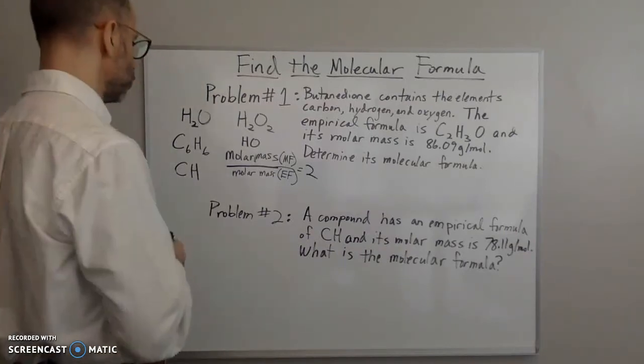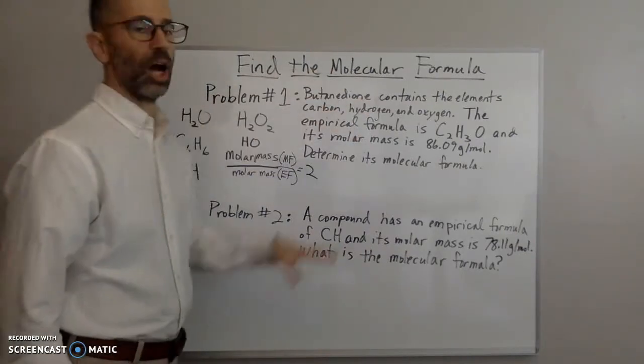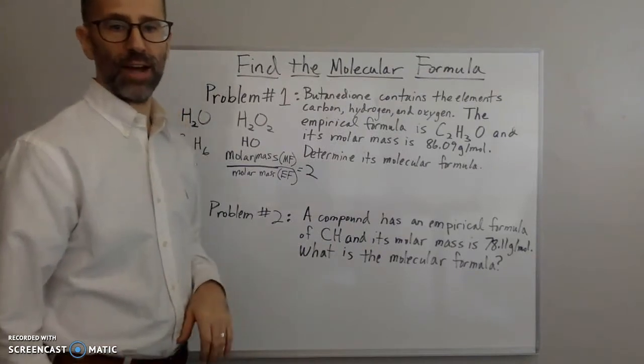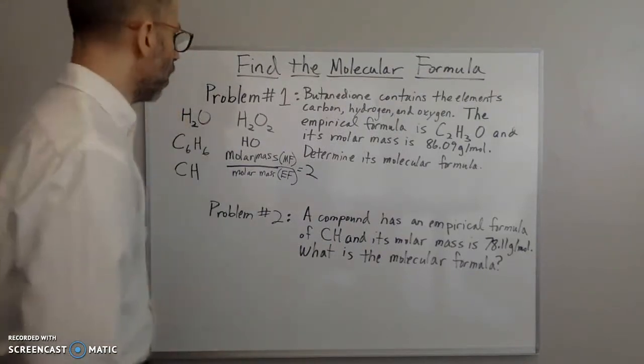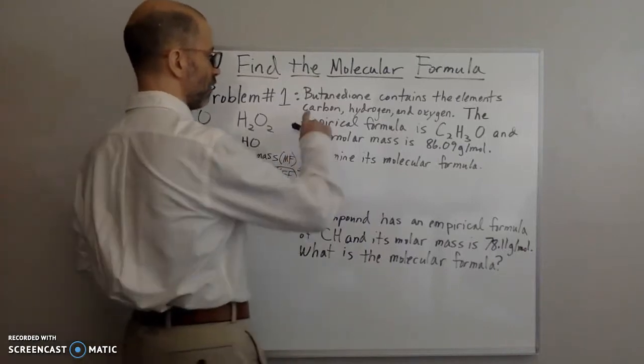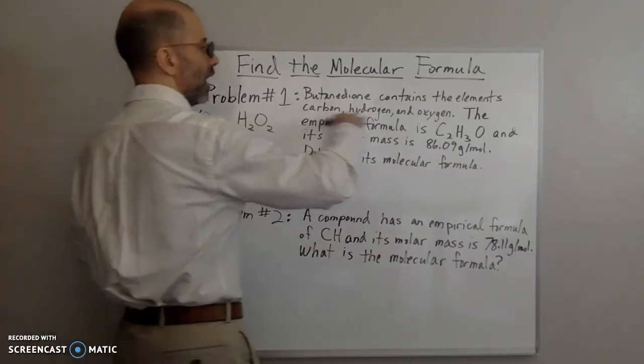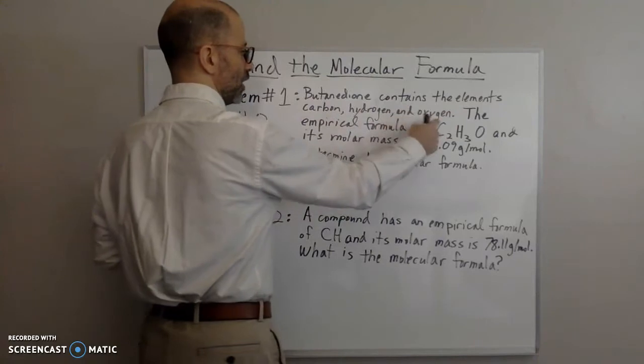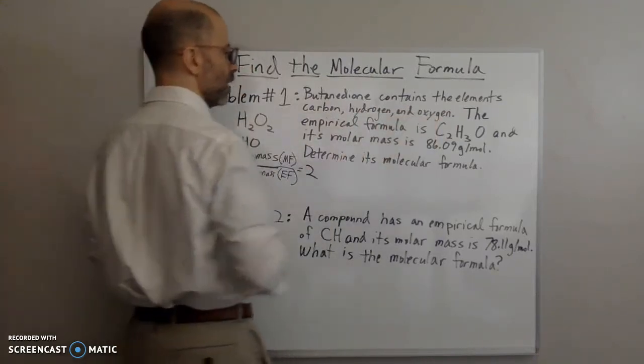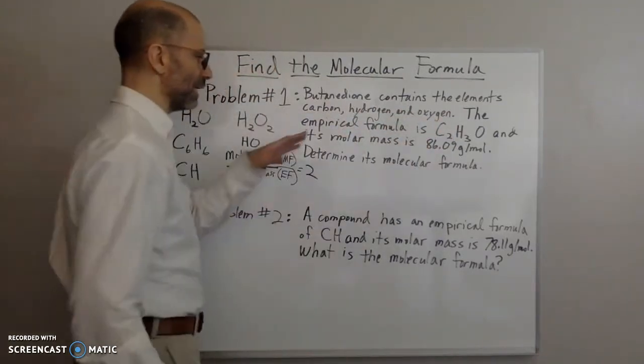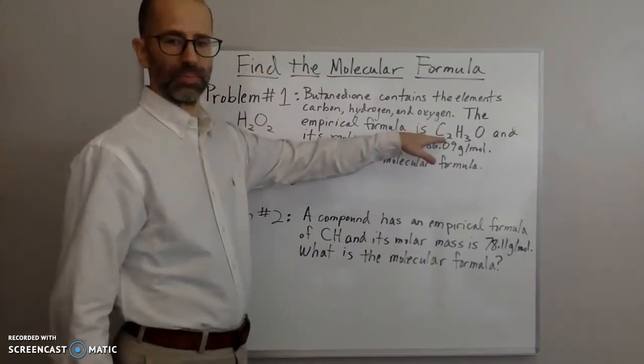So what I will do is I will do a couple of examples to clarify what this means. Alright, so the first problem, I have butane dione contains the elements carbon, hydrogen, and oxygen. So they give you the elements. The empirical formula. So they give you the empirical formula here.